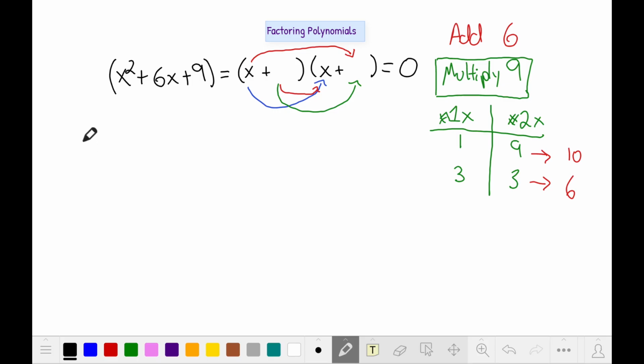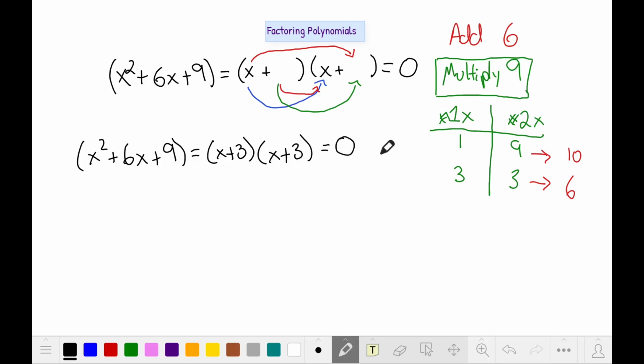So that tells me that we have x squared plus 6x plus 9 equals x plus 3, because that's our first term, and then x plus 3, because that's our second term. And remembering that because we're factoring, we have everything equal to 0 right over here.